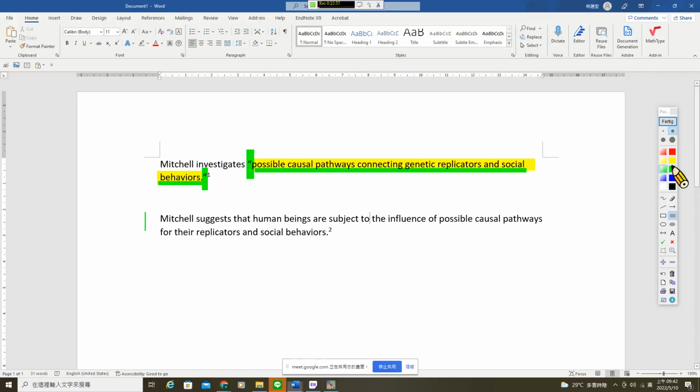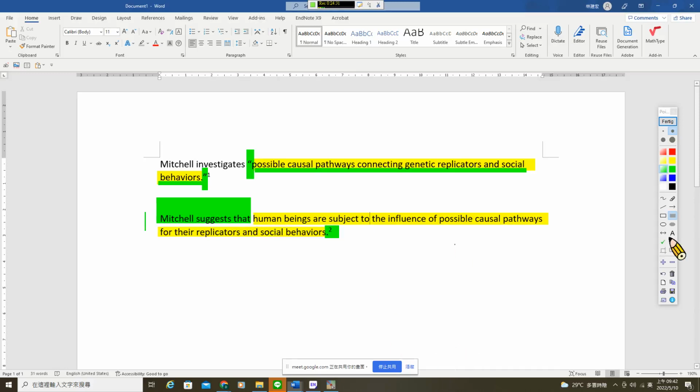But how about this one? This one is a little bit different because the idea cited from the original source is this one. But this is not the exact word. These are just ideas. And the idea has the beginning because Michel suggests indicates the beginning, and here indicates the ending.